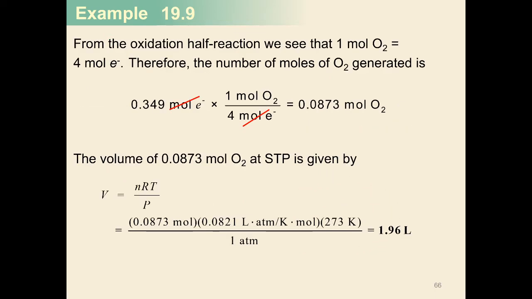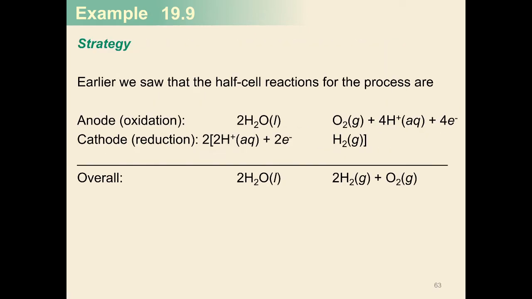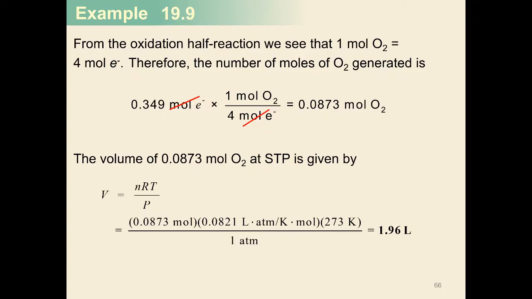So from the amount of electron that moved in the cell, from our balanced equation, 2 H2O forms 2 H2 gas and oxygen gas, and we have a moving charge of 4, 2 times 2, that's 4 electrons overall. So for every mole of oxygen gas that was generated from our equation, you have 4 moles of electron moving.